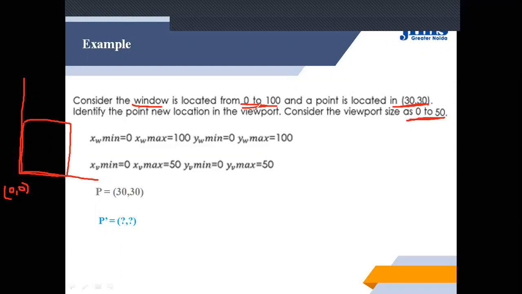The size is 0 to 100, which means this is 100, this is 100.